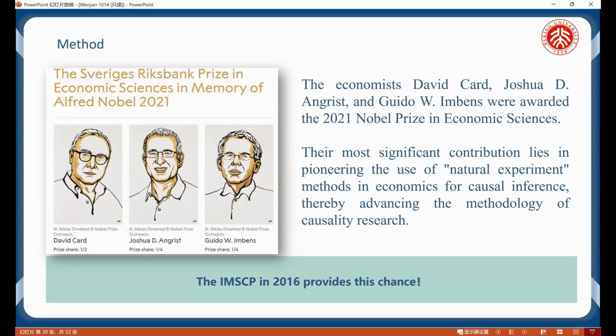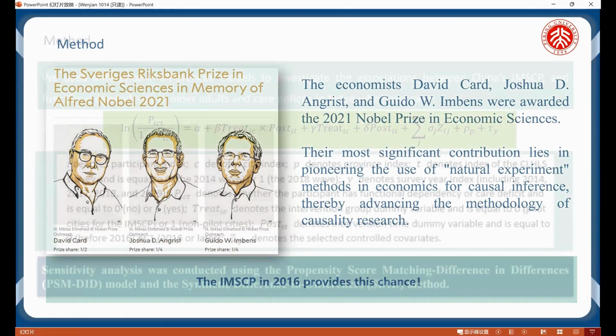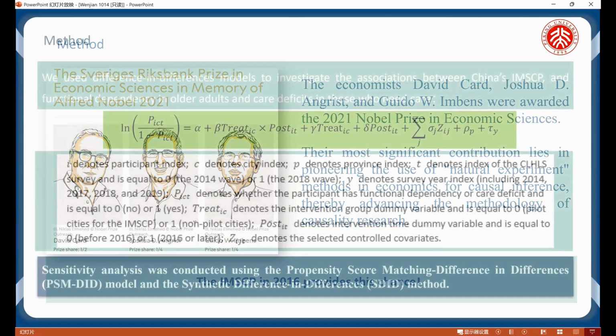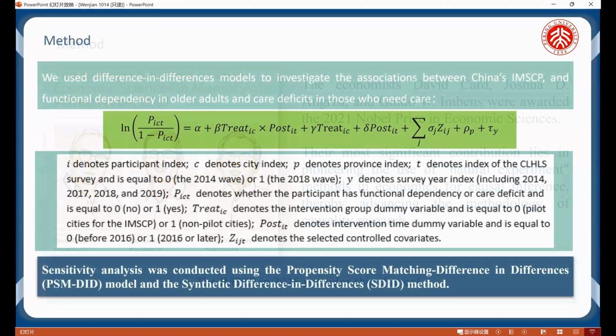In this study, the IMCP in 2016 provides this chance. We use the difference-in-differences DID models to investigate the associations between China's IMCP and functional dependency in older adults and care deficits in those who need care.